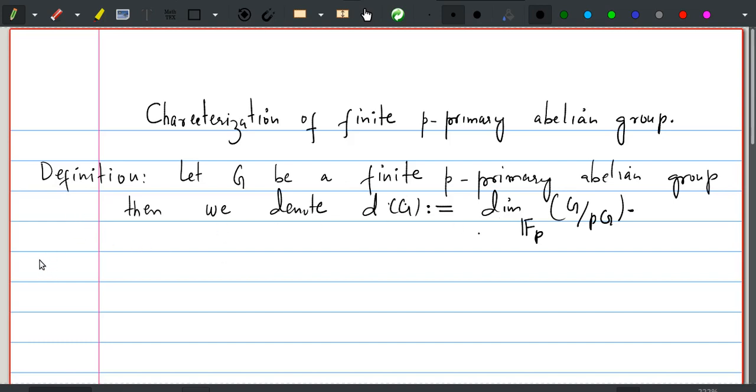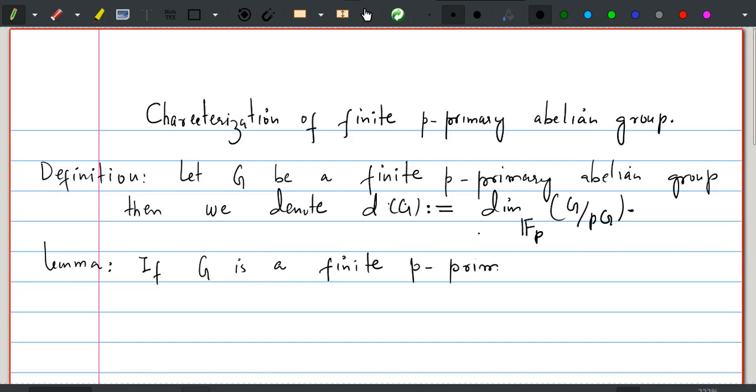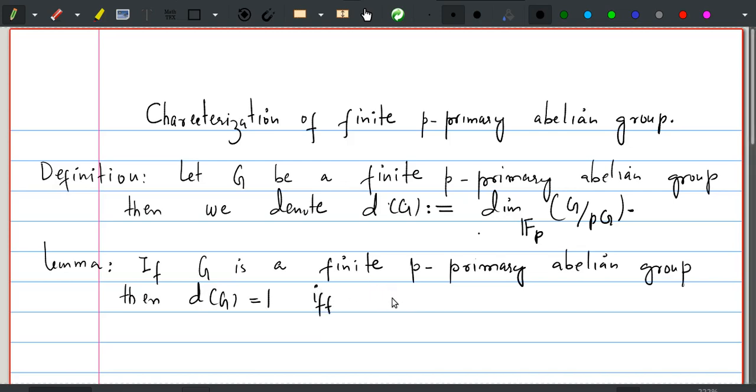So this is the characterization. It states that if G is a finite p-primary abelian group, then d(G) is equal to 1 if and only if G mod pG is a non-zero scalar group.